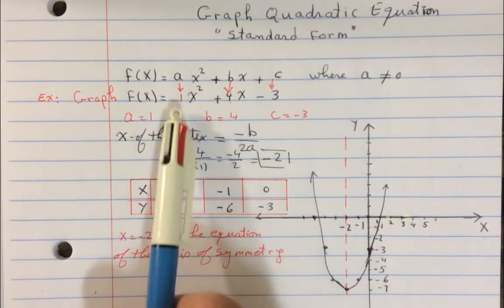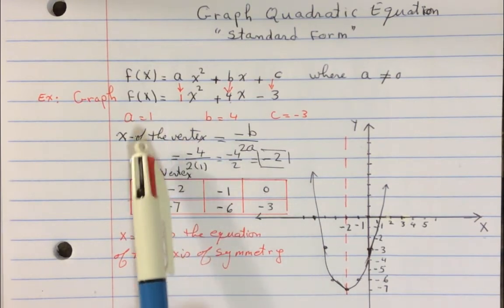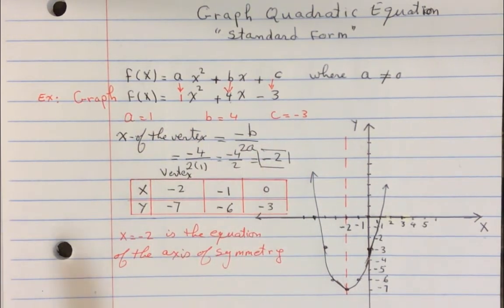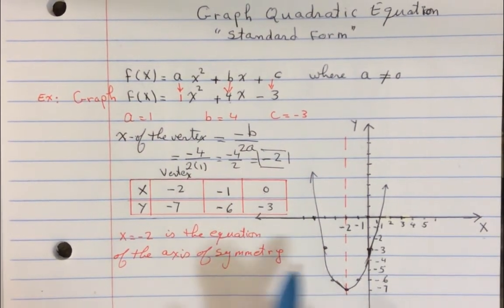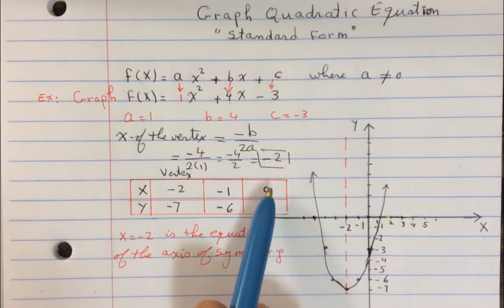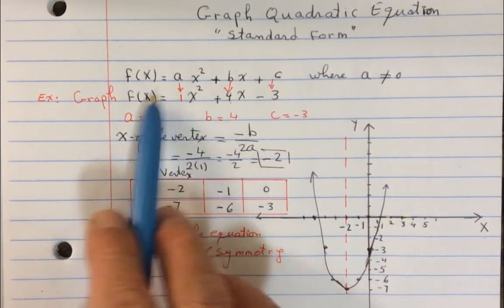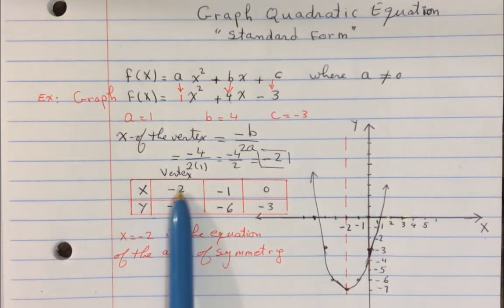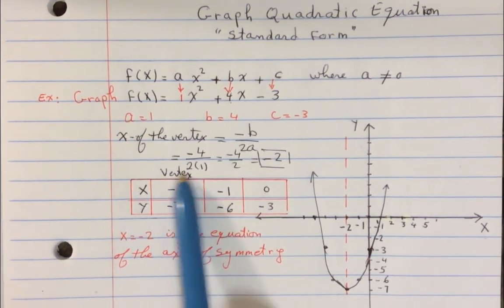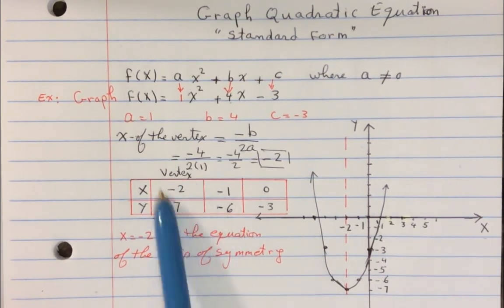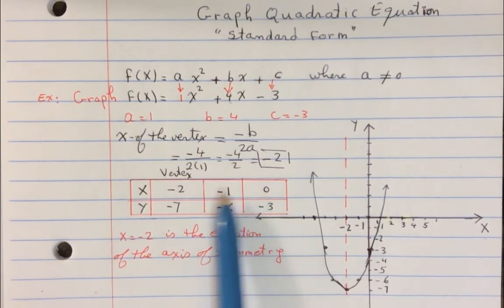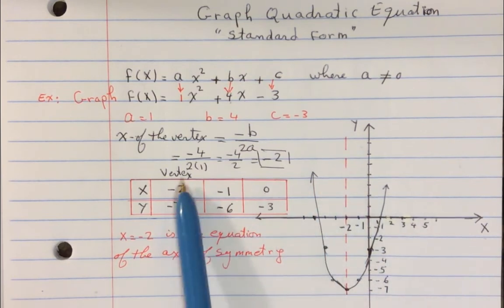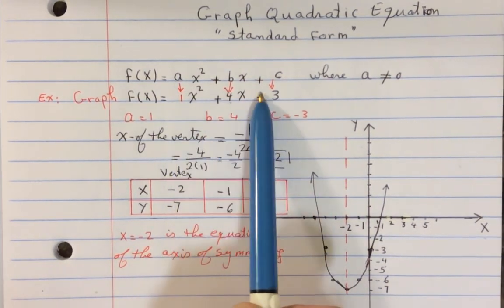So you have to find the vertex using the formula negative b over 2a. If you want to find the y-intercept, let x equal 0 and plug in the formula. After you get the x coordinate of the vertex, you pick 2 more points to the right of that number and find the answers by substituting in the original formula.